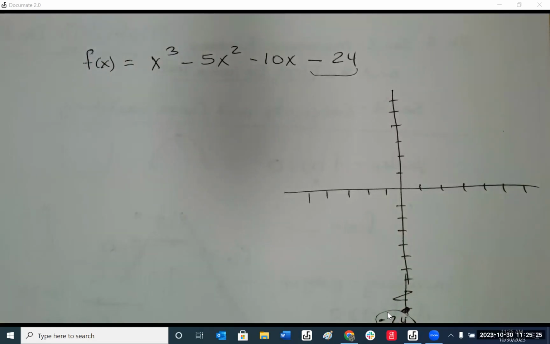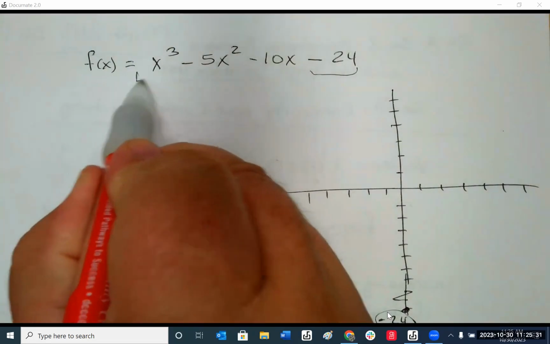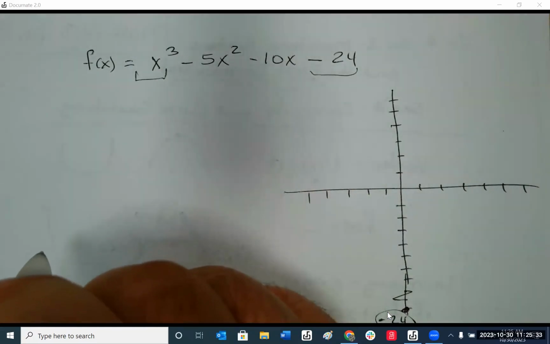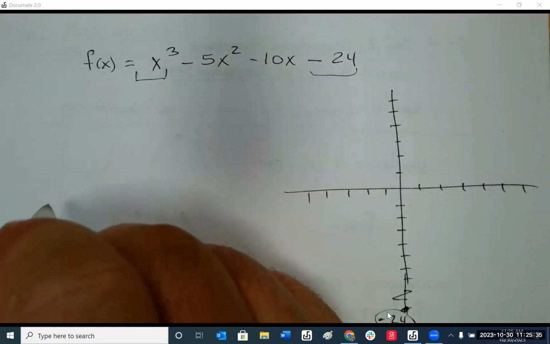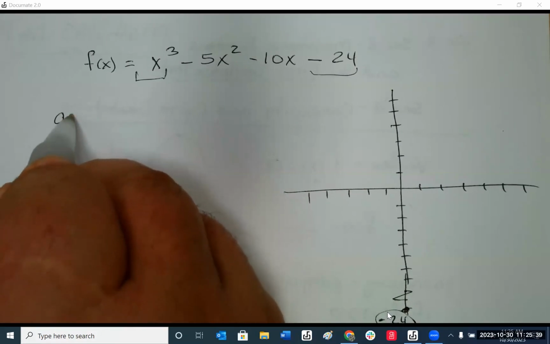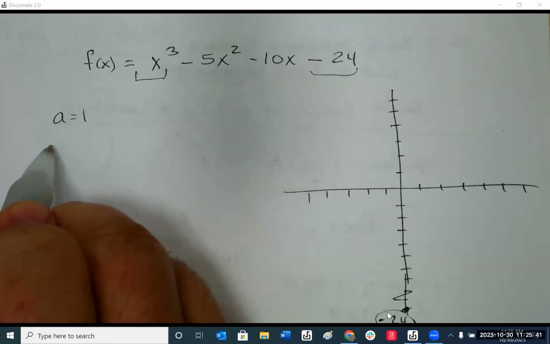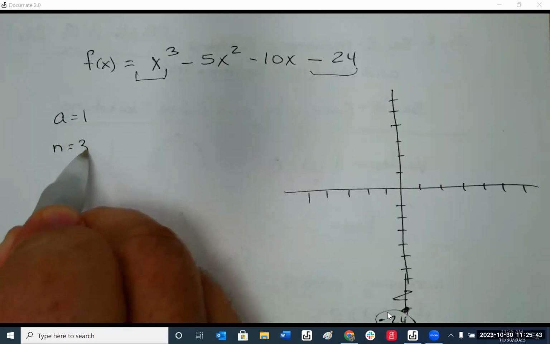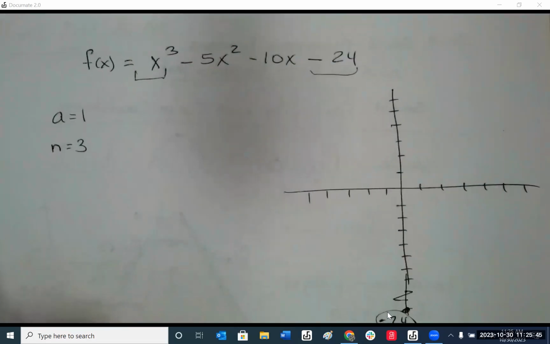What else do we know about this function? What does the leading term tell us? It's going to go downward on one side and upward on the other. Yes, the end behavior, right.